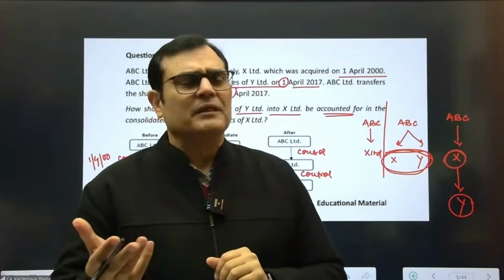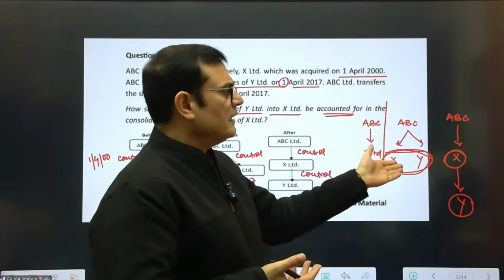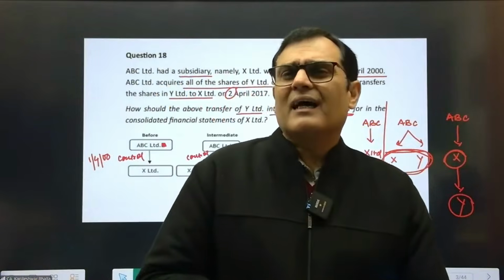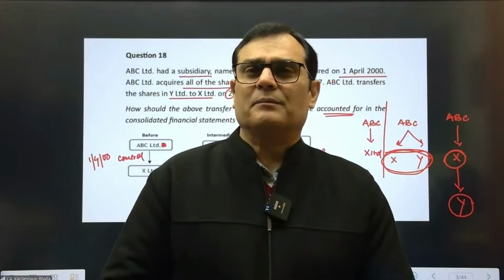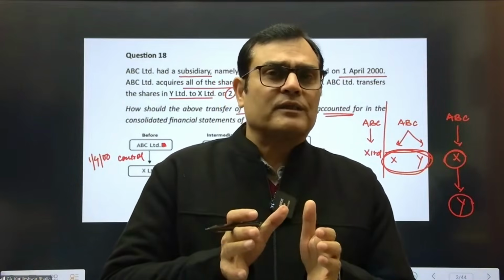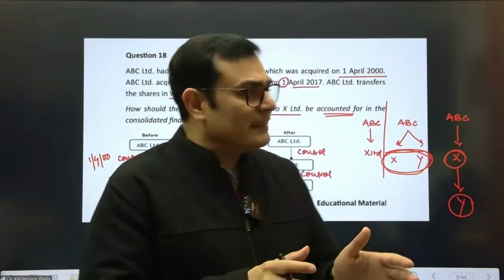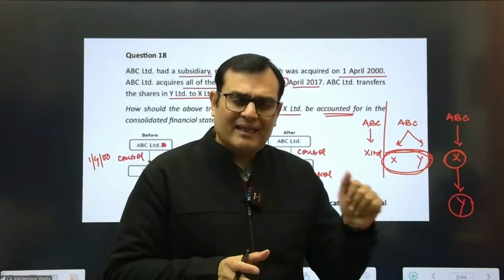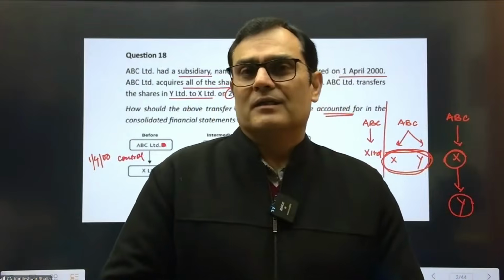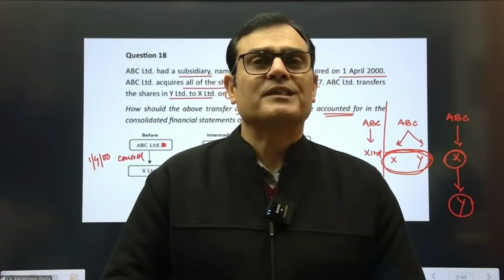But if, for example, ABC acquired company Y 2 years back, or 3 years back, then I don't think I can accuse ABC of buying company Y under the umbrella. If he bought company Y 3 years back and X and Y deal with each other, it can be well said that yes, they are under a common control transaction.